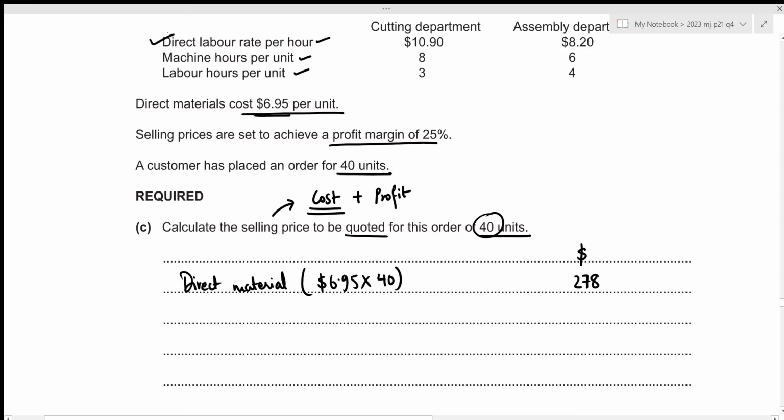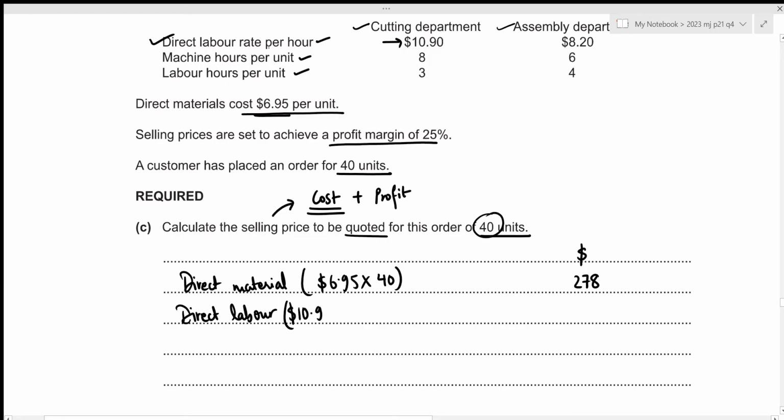Now we can move towards our direct labor. Okay, and for direct labor, we need to figure out a different rate for cutting department and assembly department and figure out its total. So for cutting department, we are given the direct labor rate per hour to be 10.9.